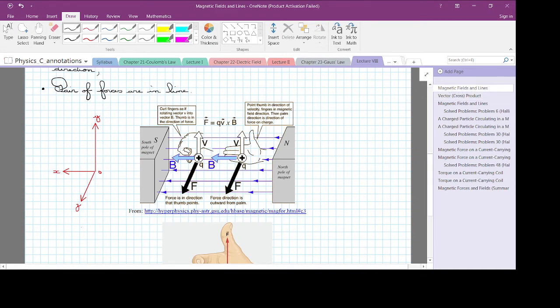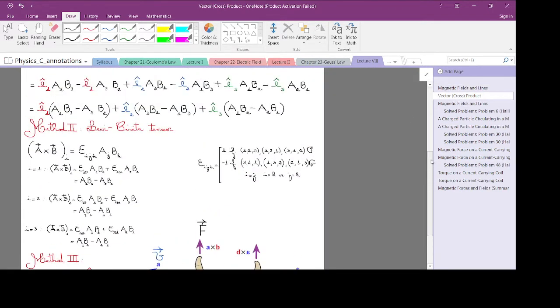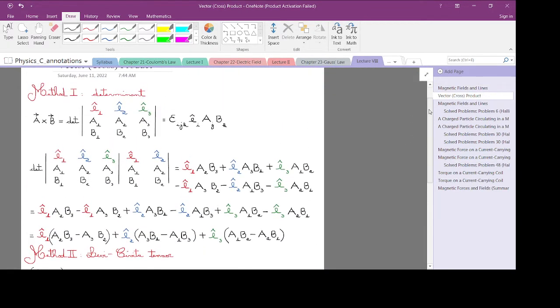But what you have to remember, and this comes from mathematics, is that you have many ways to define the direction of the vector that results from the vector product operation.